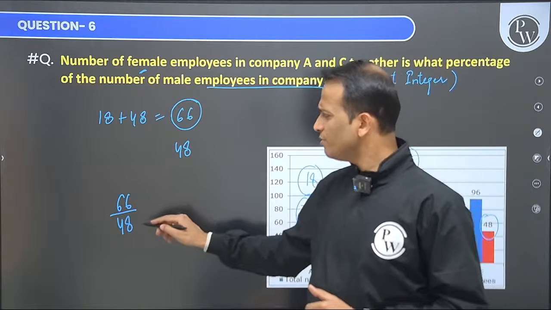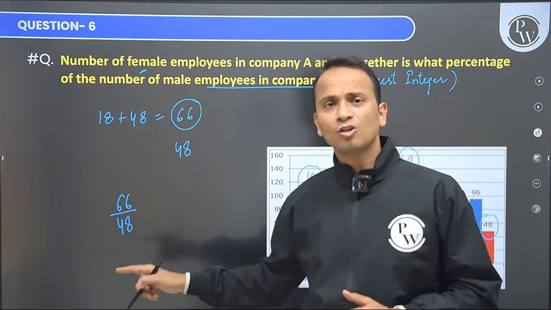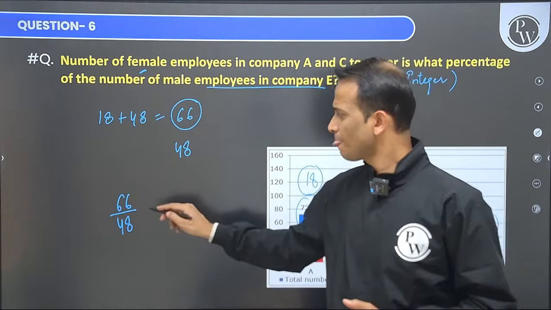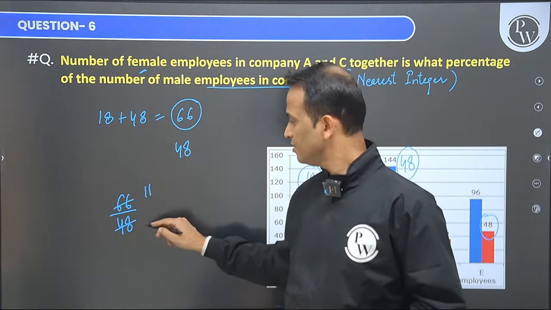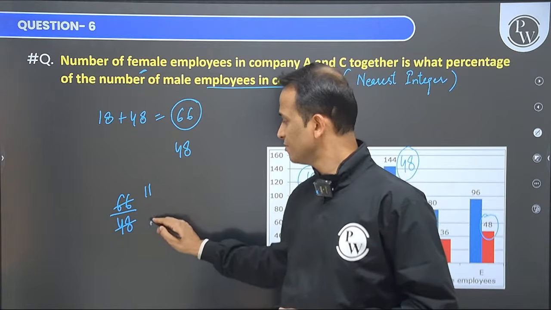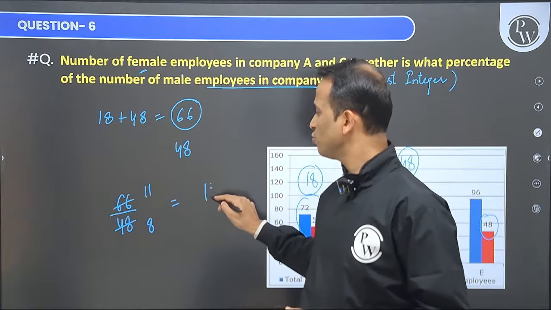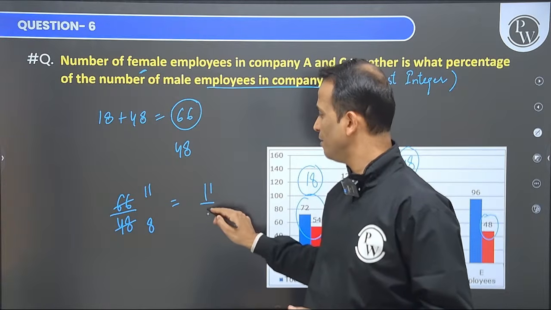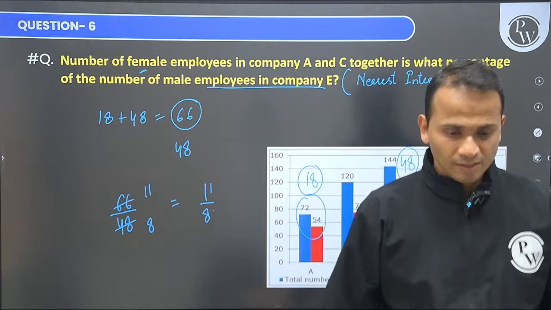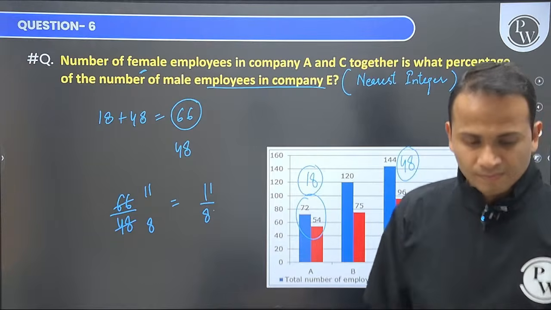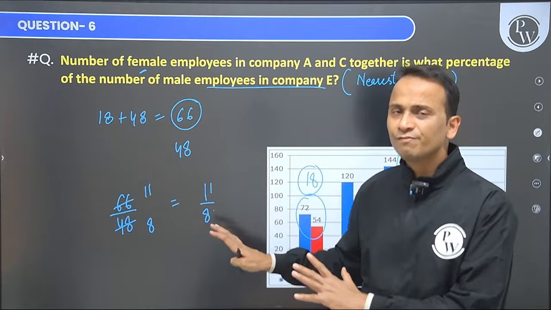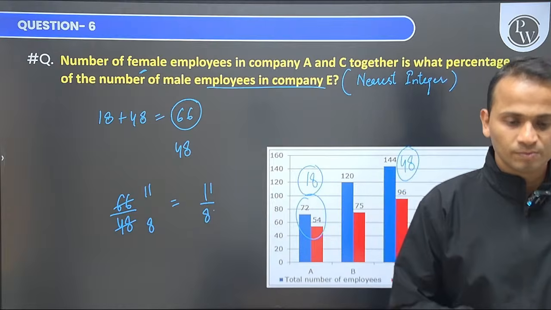Cancelling out the common factors, there is a common factor of 6. So this will become 11 and this becomes 8. So I'll have to calculate 11 upon 8, right? Is this calculation fine? Yes or no?